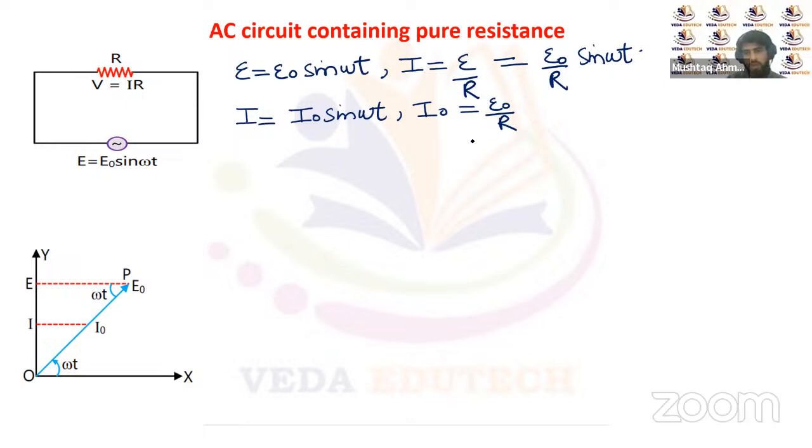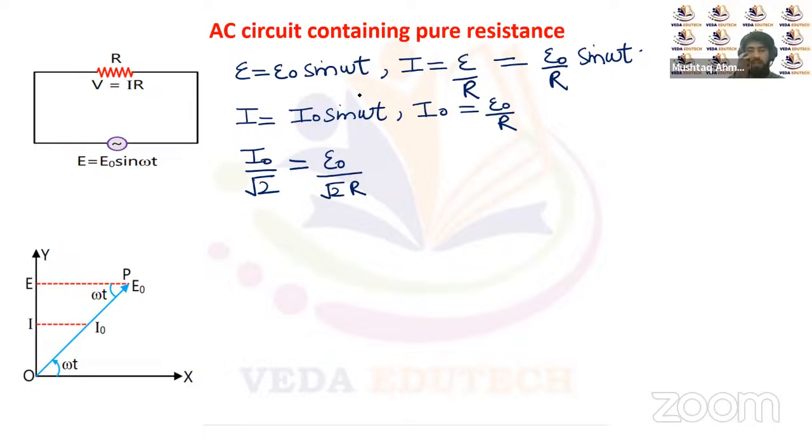Let's suppose we divide by root 2 on both sides. That gives I naught upon root 2 equal to E naught upon root 2 R. You know that I naught upon root 2 and E naught upon root 2 are the RMS values of AC current and voltage for the complete cycle.